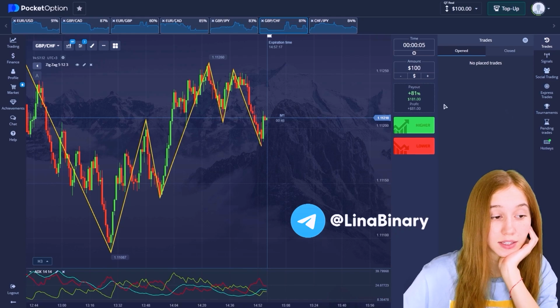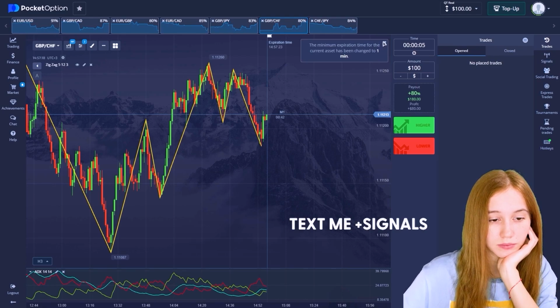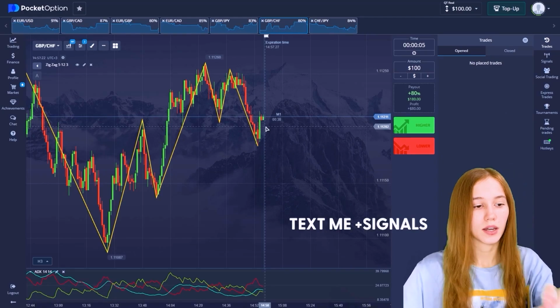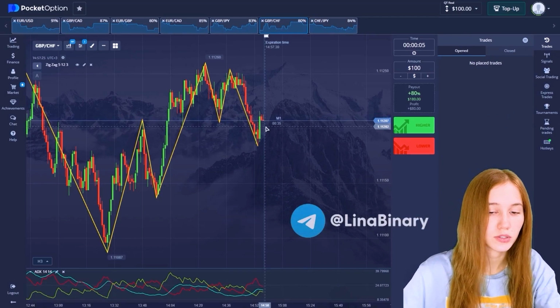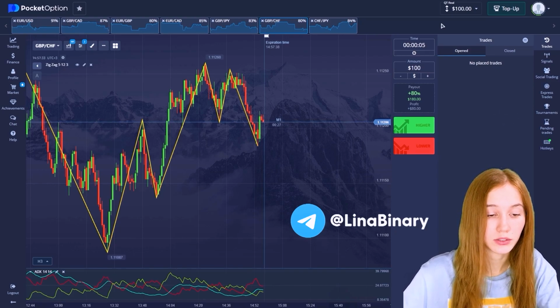We must exceed $1,000. I hope this will be good. And today we have Pocket Option, this platform on which we will trade, and our balance will be increasing.